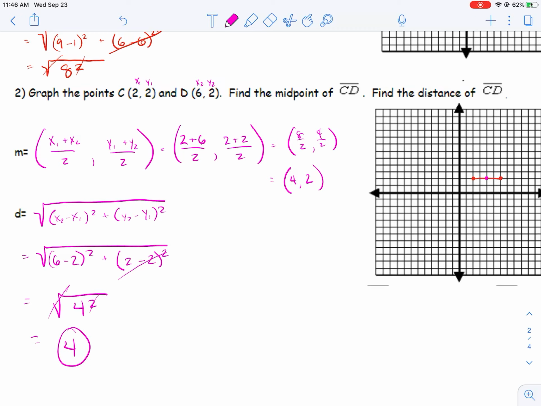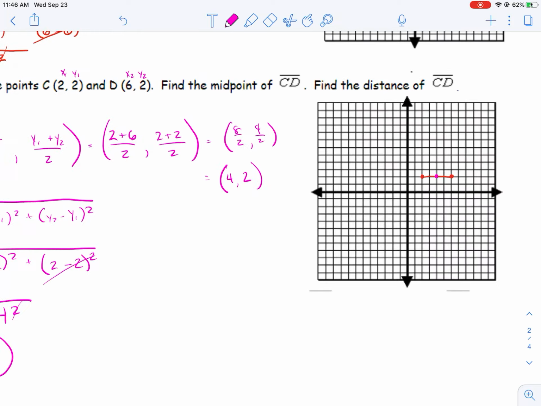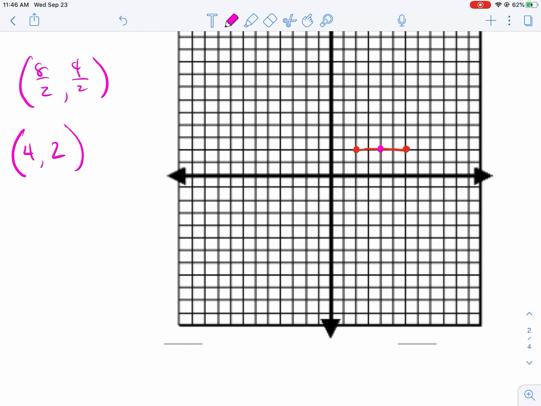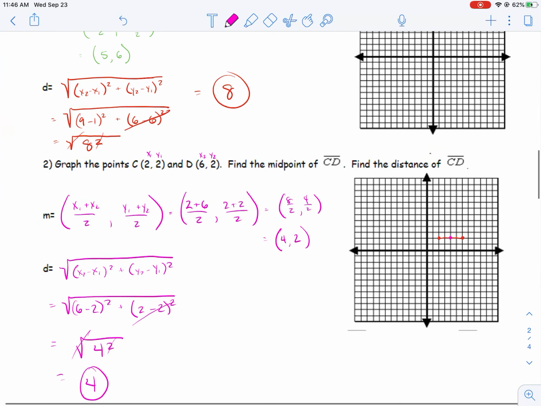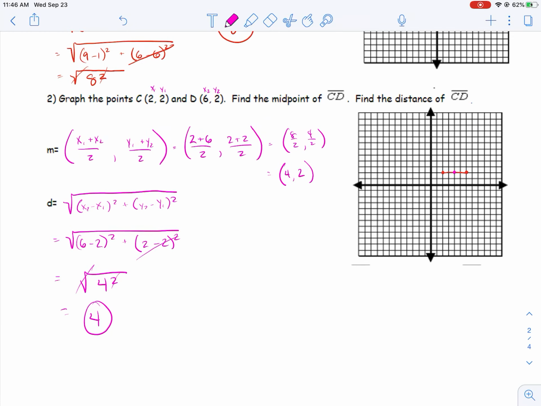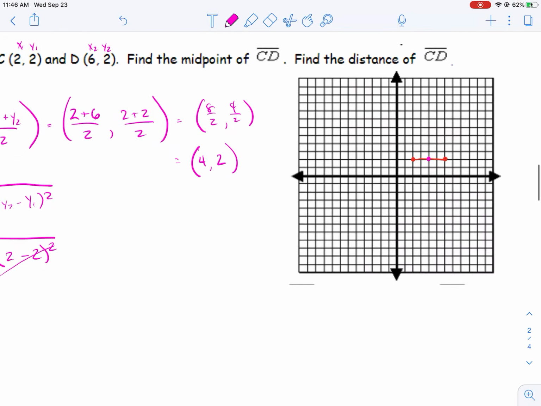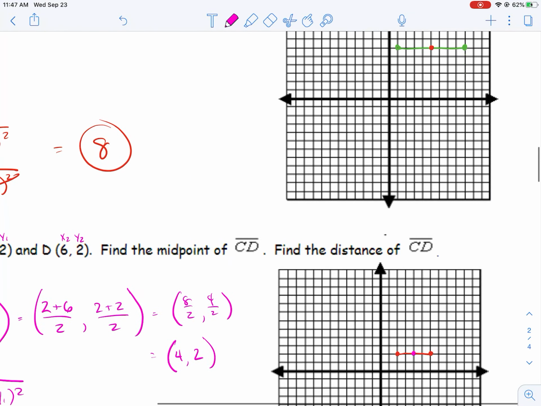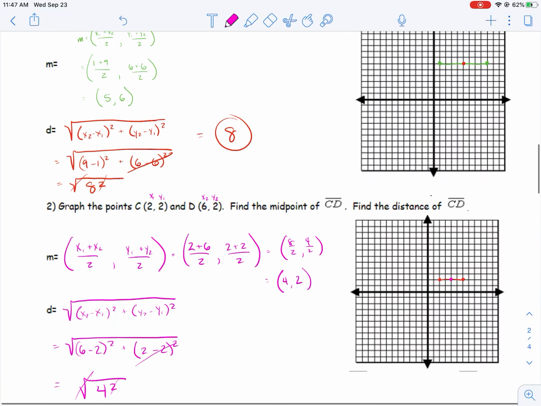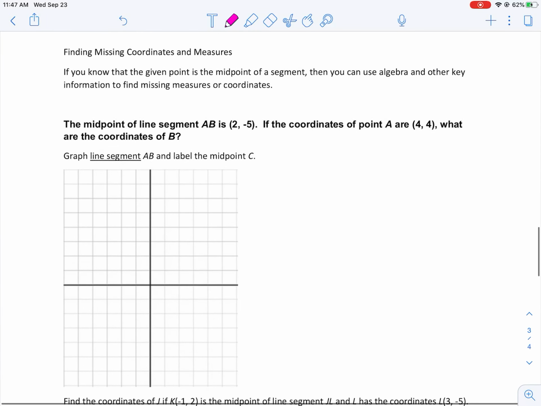Square root of 4 squared is just 4, which you can count: 1, 2, 3, 4. So we're good. Both formulas worked correctly. But what's nice about these pictures is that at least we can sort of guess where that midpoint was going to be.